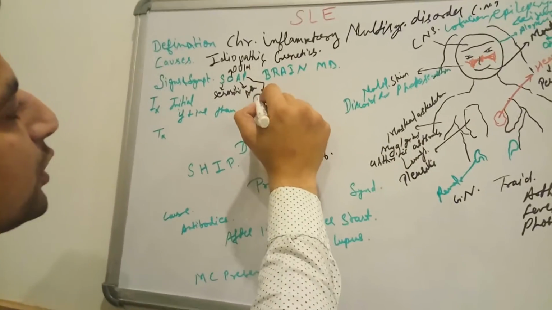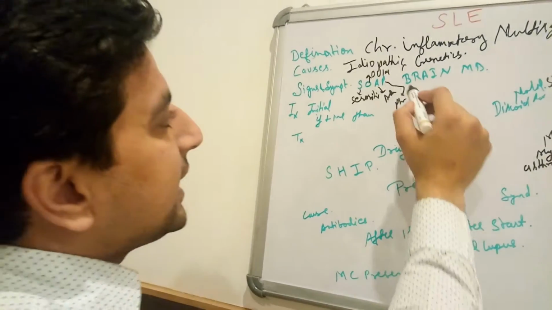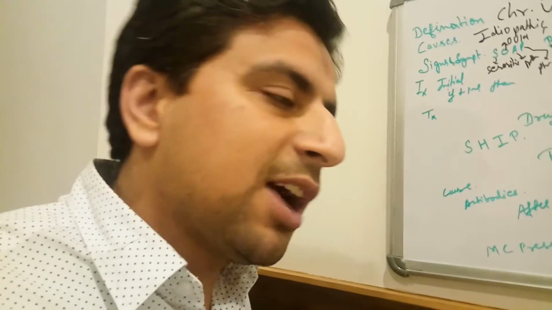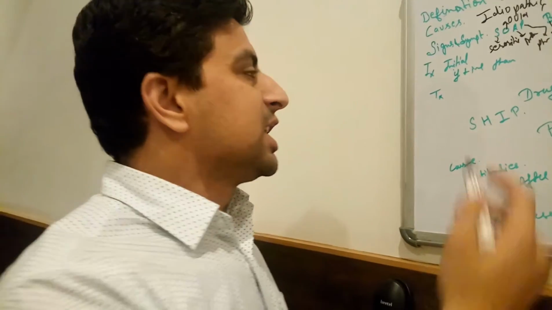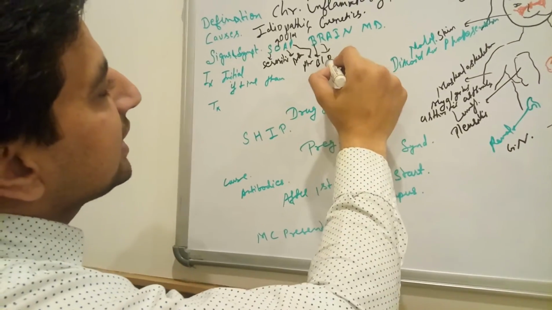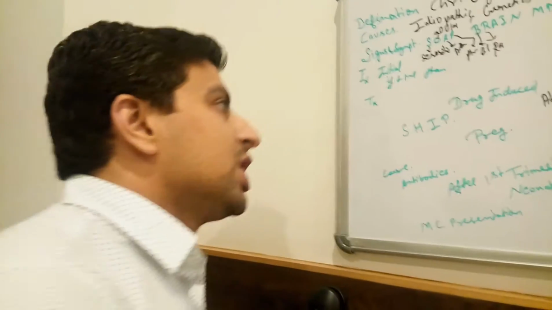P for photosensitivity, my dear friends. Brain, B. B for blood abnormalities, normocytic normochromic anemia of chronic disease. R, here R represents the renal pathology like glomerulonephritis and renal damage.